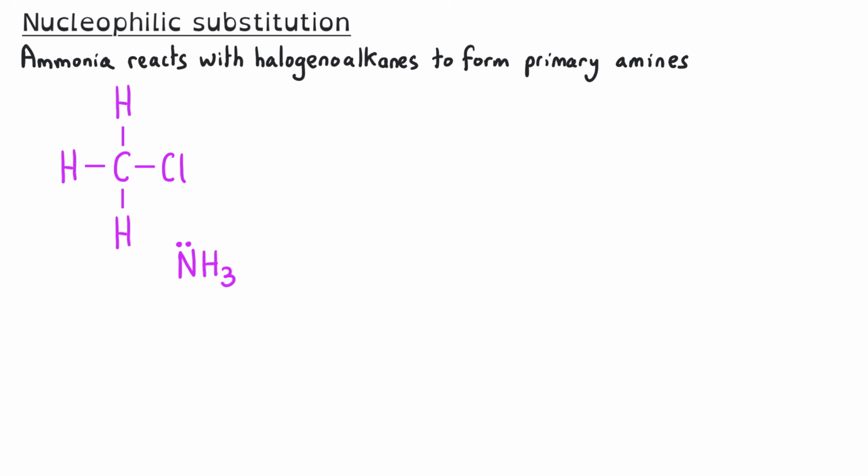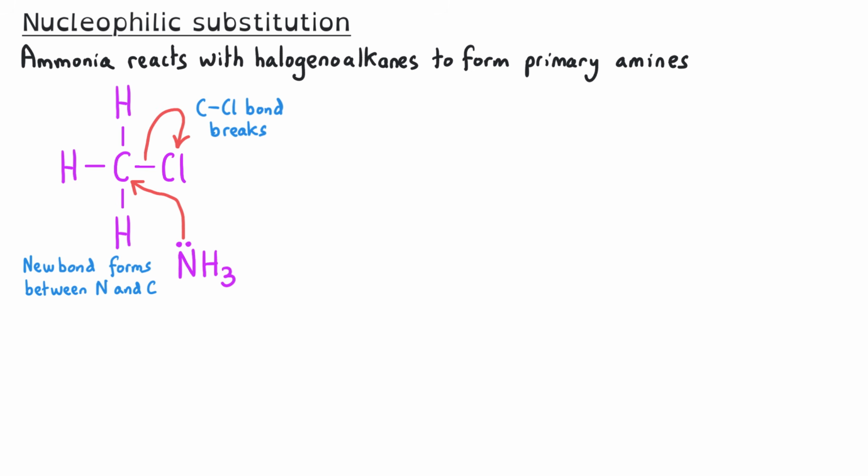The nitrogen atom in the nucleophile uses its lone pair of electrons to form a new bond with the carbon atom. And at the same time as this, the bond between the carbon atom and the chlorine atom breaks, and the chlorine atom takes both of the electrons from the bond.